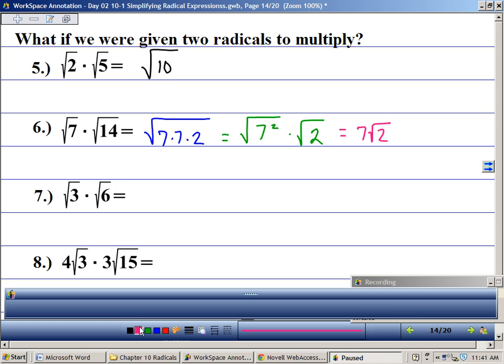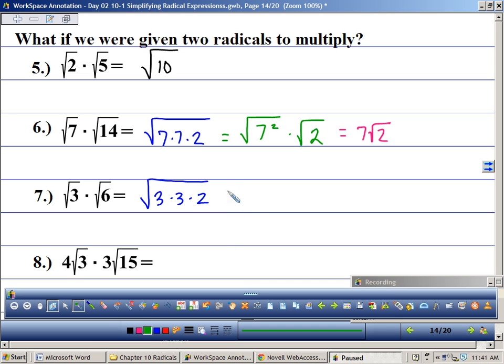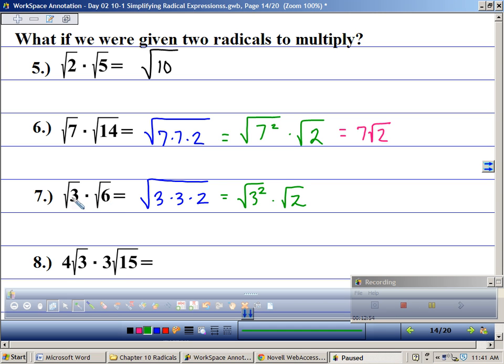Same idea here. What's in here? There's a 3 and a 2 over here, so don't I really have a 3 times a 3 times a 2? Which equals 3 squared? Because 3 times 2 is 6. Right? So I've got a 3 times a 3 times a 2.